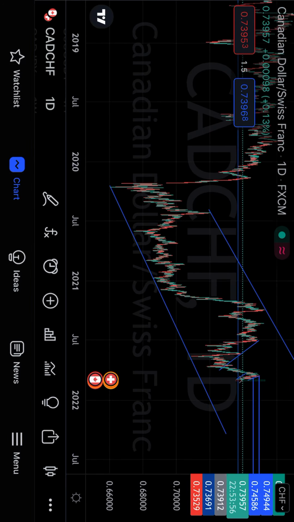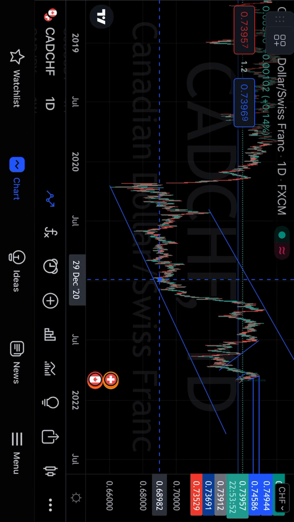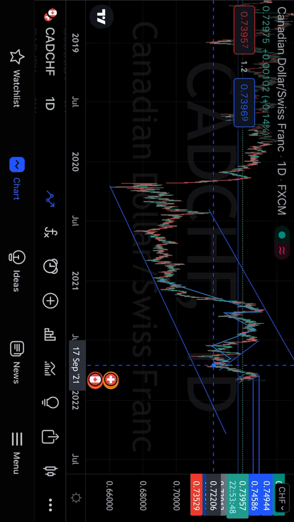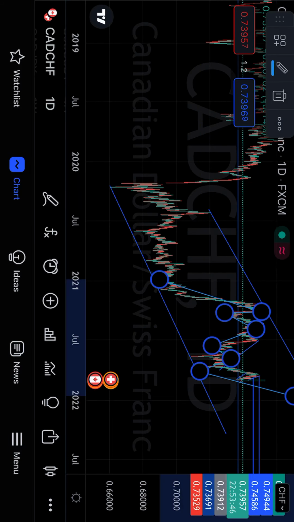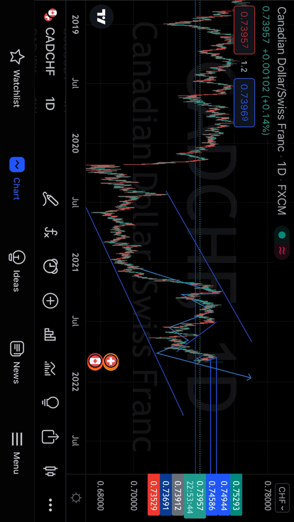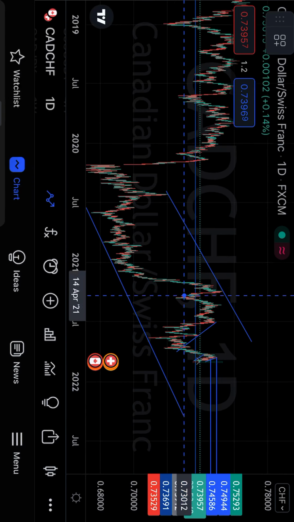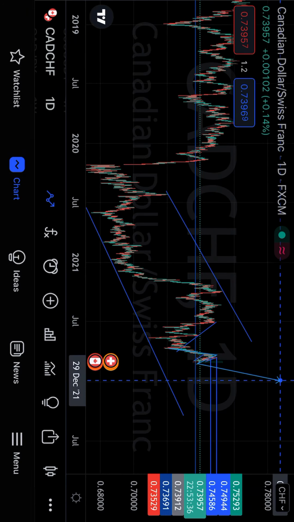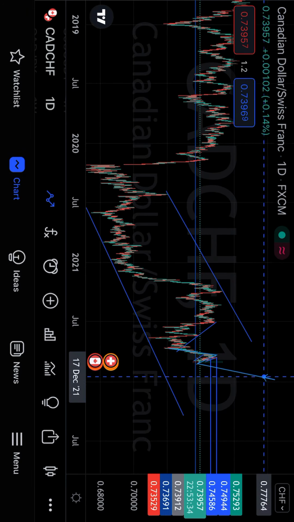Then we see that this was an impulse and correction to the downside for another impulse to the upside. Then this also right here is an impulse and a little correction for a movement to the upside.